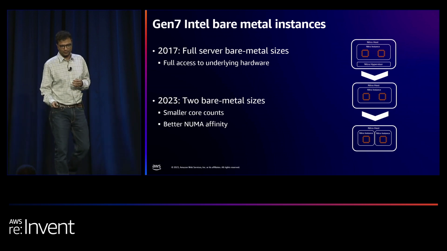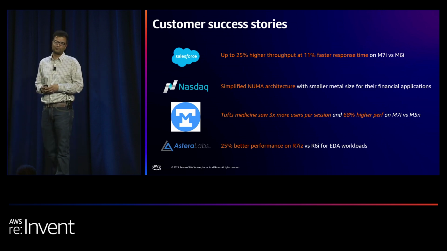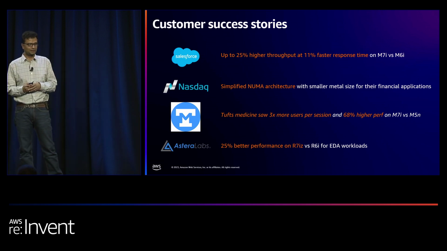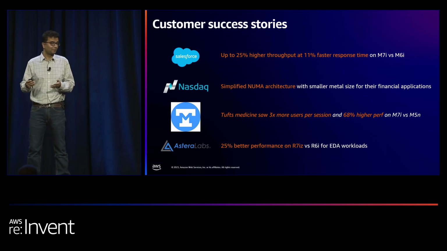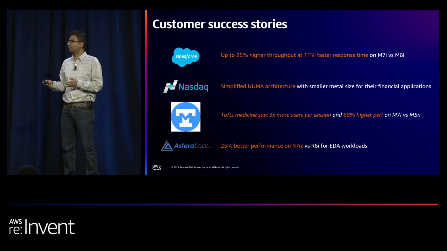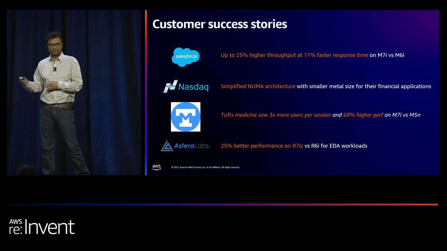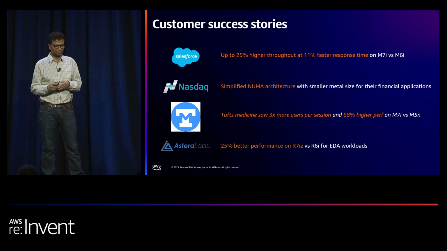Let's take a look at what our customers have been telling about the Gen 7 Intel instances. Customers like Salesforce have been able to get up to 25% higher throughput at 11% faster response time on M7i versus M6i. Vijay will talk more about these performance numbers in the next few slides.